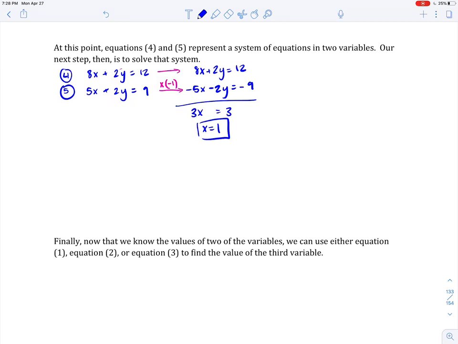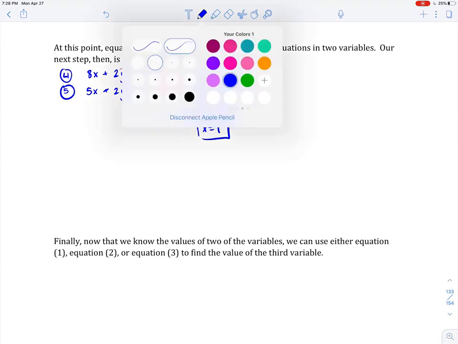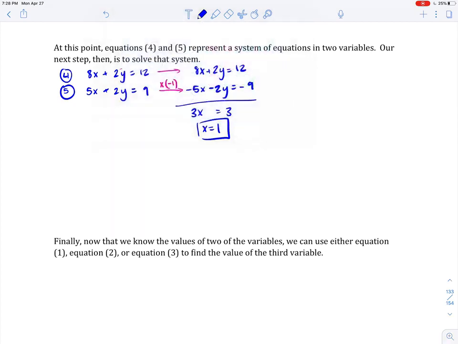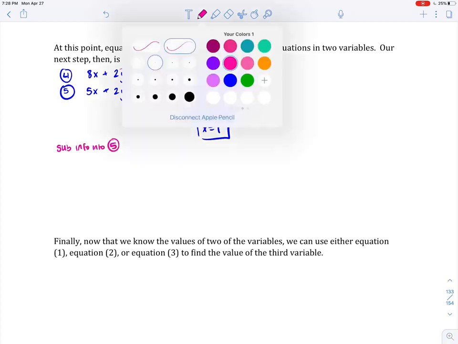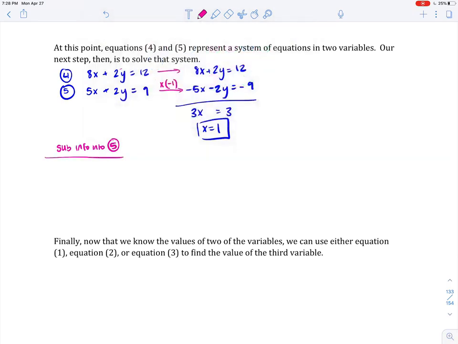Cool. All right. So what I can do now is plug my value for x into either equation 4 or into equation 5. I can choose. And because I gotta choose, maybe I'll put it into equation 5 for no good reason. Sure. Okay, so I'm going to sub in for x in equation 5.